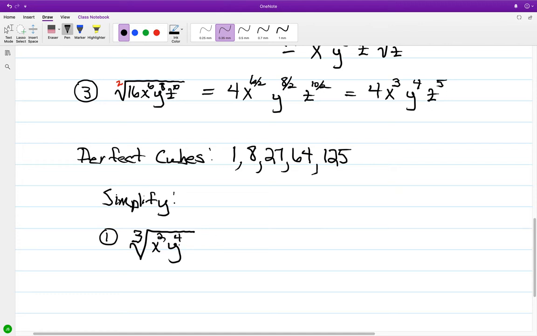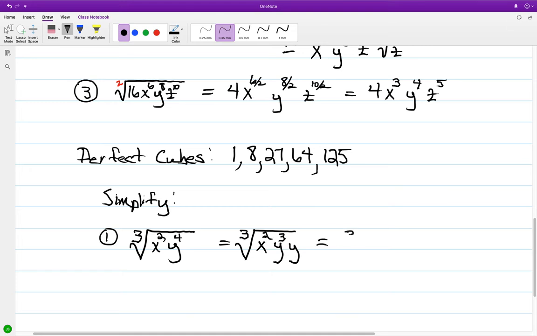So we have the cubic root of x squared, y to the 4th. Now, if you notice, for x, the degree to which x is raised is smaller than what we have for the index. Now, y to the 4th is not a perfect cube. 3 is not divisible into 4, but I can nonetheless factor out a perfect cube from y to the 4th. In factoring, we have y to the 3rd times y.